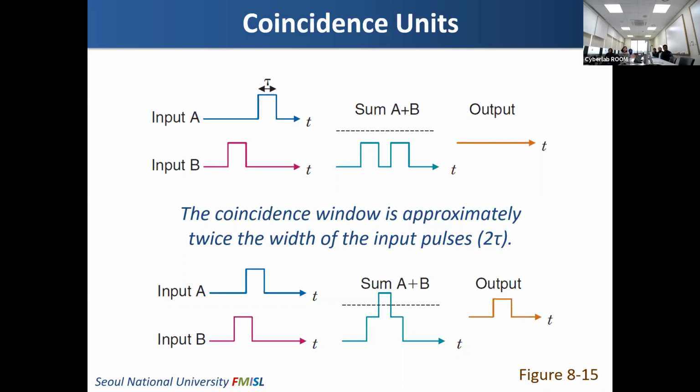But if their time difference is longer than what we have predefined, then we can say they are not a coincidence event; they are independent from each other. Okay.